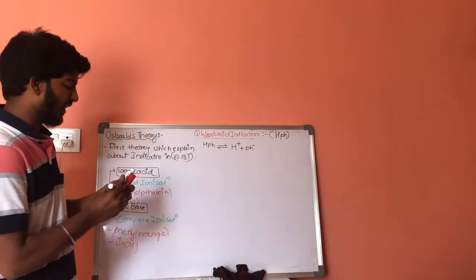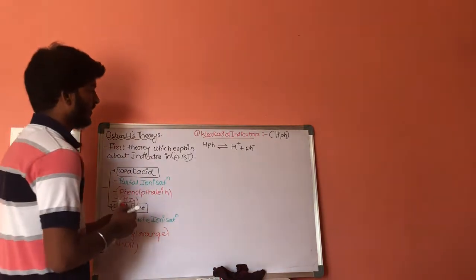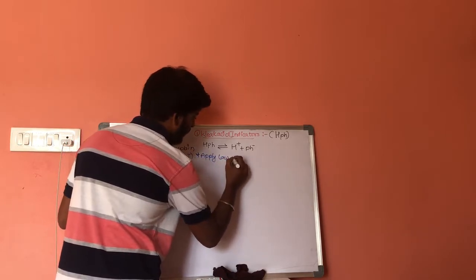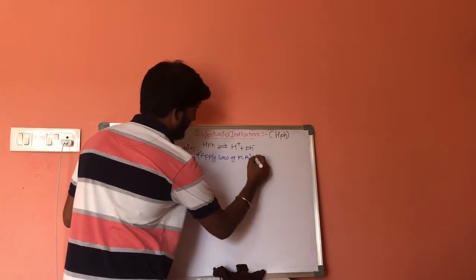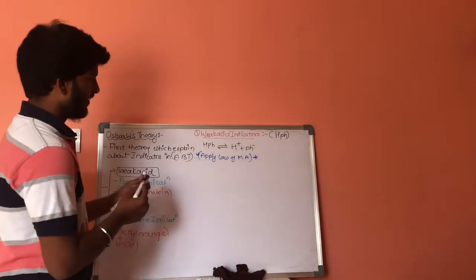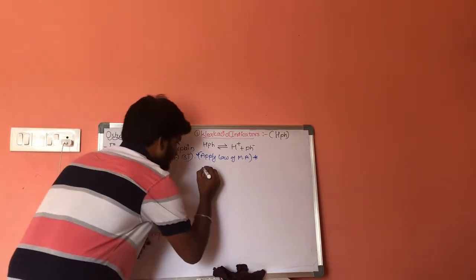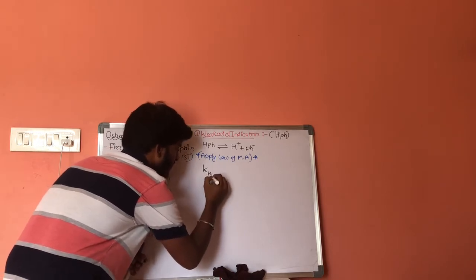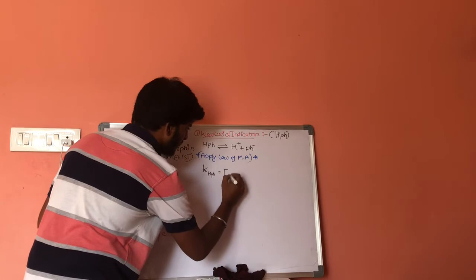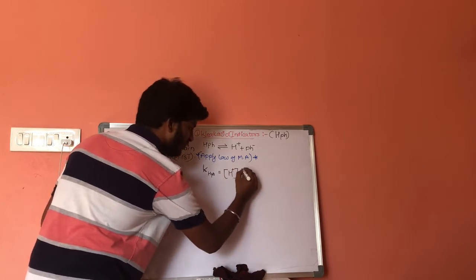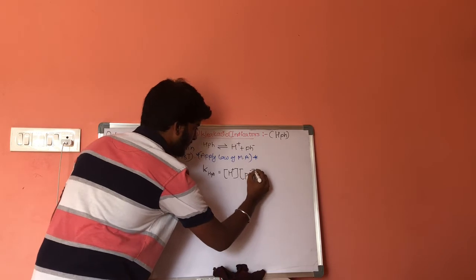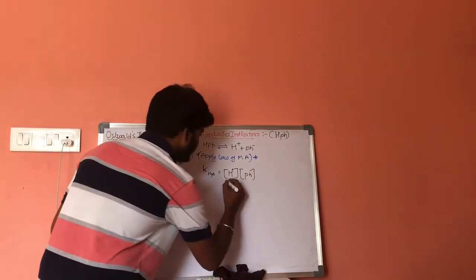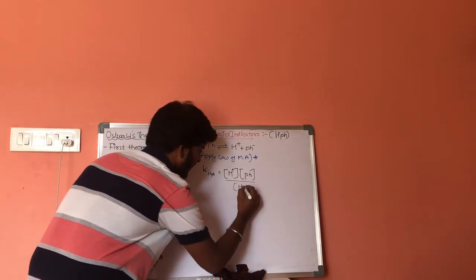Now, if we apply the law of mass action, K HPh is equal to the concentration of H plus into the concentration of Ph minus divided by the concentration of HPh.